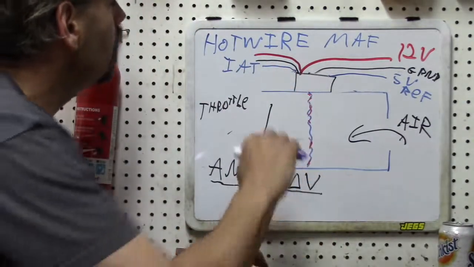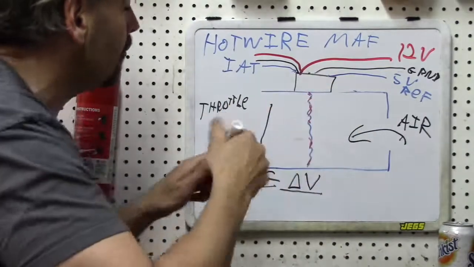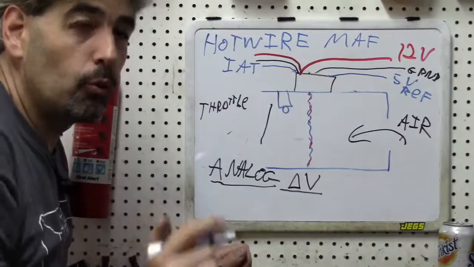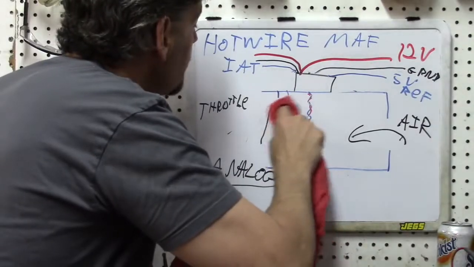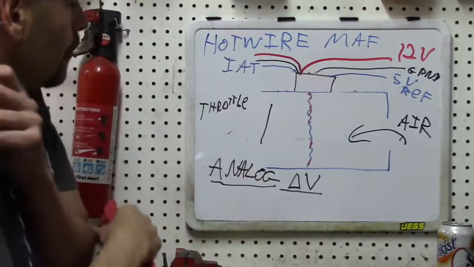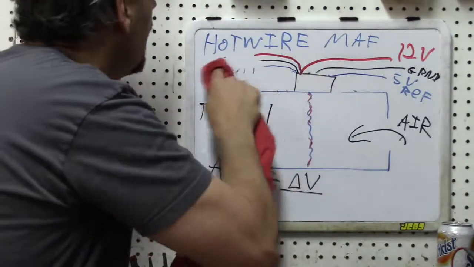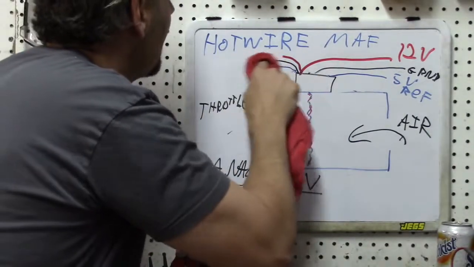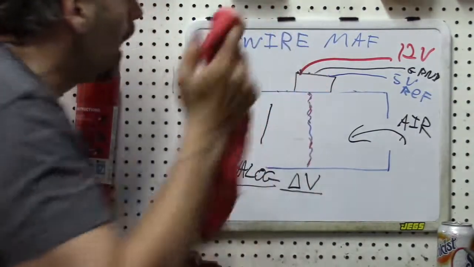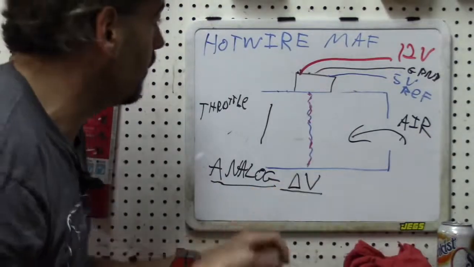So the IAT and the MAF are integrated into one unit. And I purposely chose my Subaru because it has this design. I don't know whether it's a frequency or an analog sensor, but I know that it's going to have that. And the idea is I'm going to show you how we can differentiate which of the wires are for the MAF and which are for the IAT.